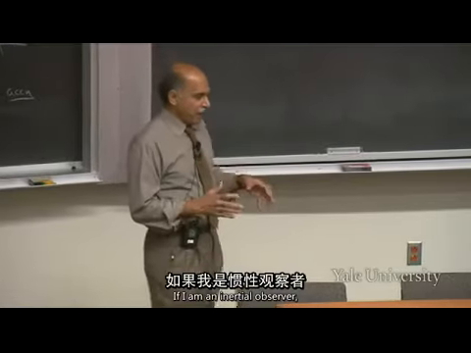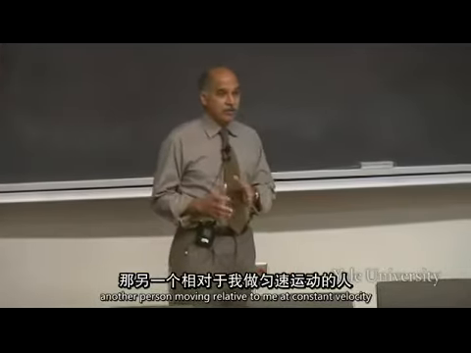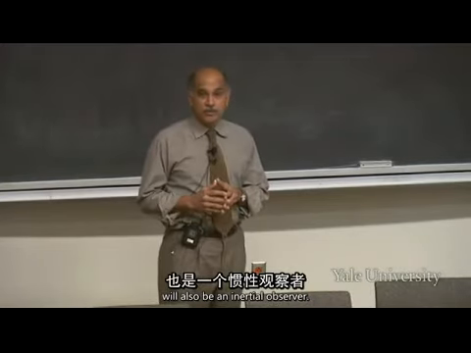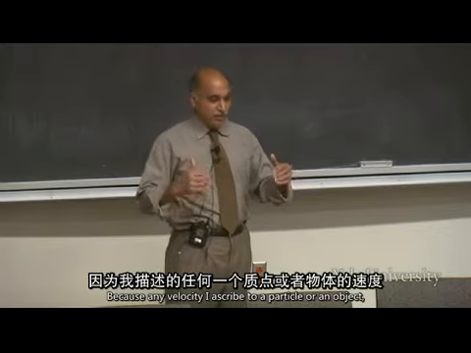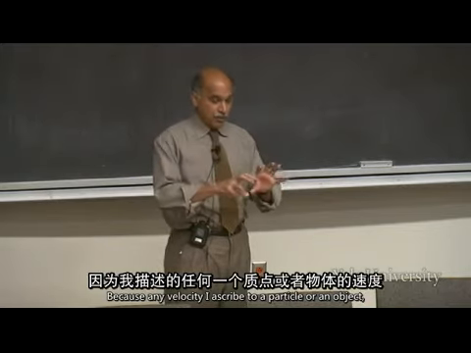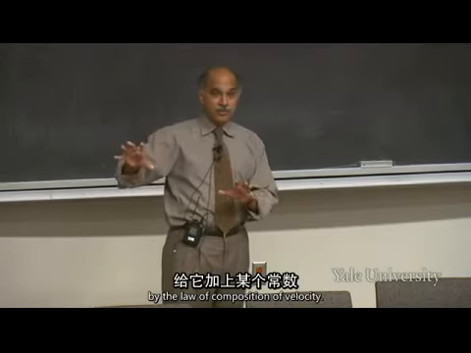So if I am an inertial observer, another person moving relative to me at constant velocity will also be an inertial observer. Why? Because any velocity I ascribe to a particle or an object, you will add a certain constant to it by the law of composition of velocities, right?